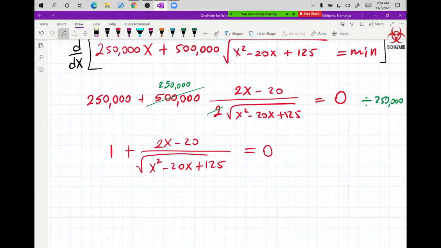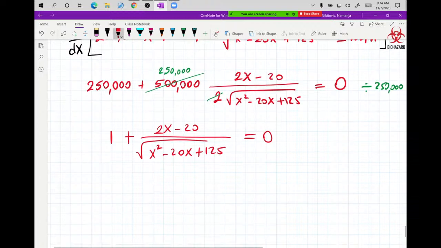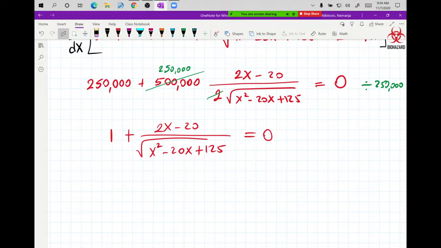Now, to solve this, you move 1 to the other side. It becomes 2x minus 20 over the square root equals negative 1.